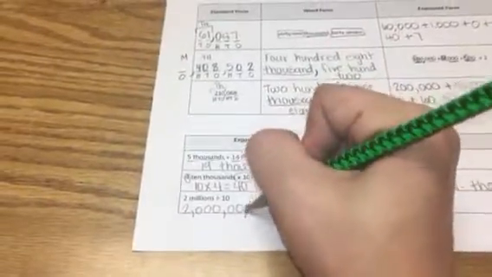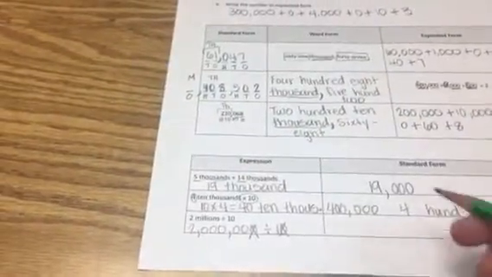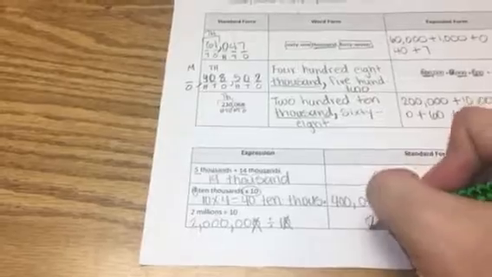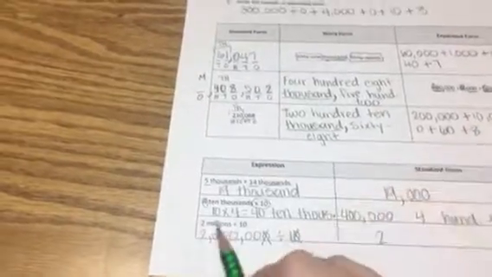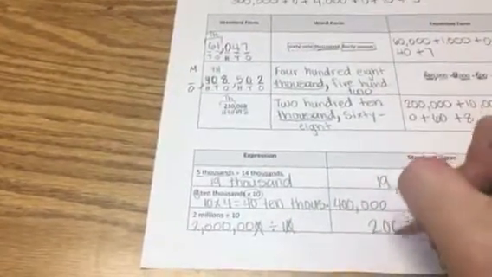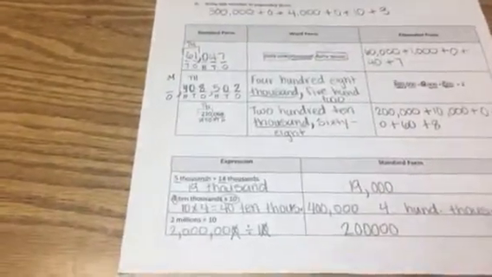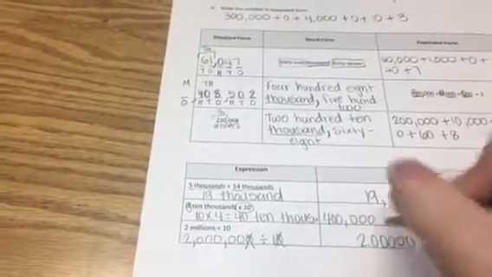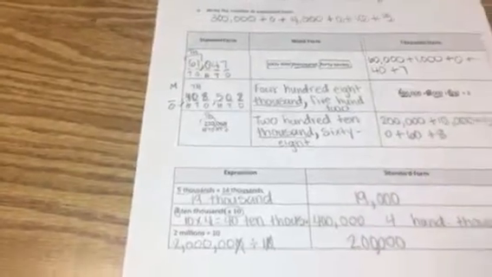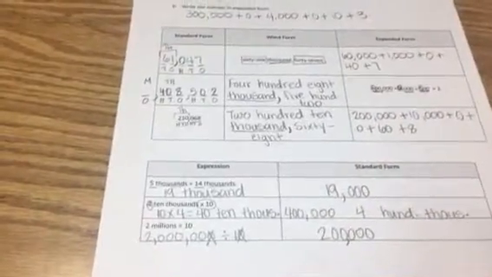So I'm taking away this 0. I'm taking away this 0. So now I have 2 and then 5 zeros: 1, 2, 3, 4, 5. Now I can go in and place my commas. 1, 2, 3, comma. So our answer is 200,000.